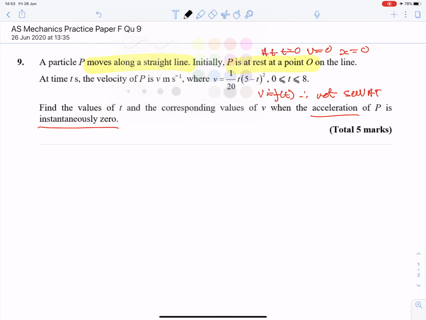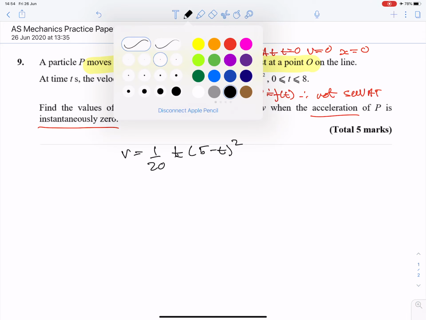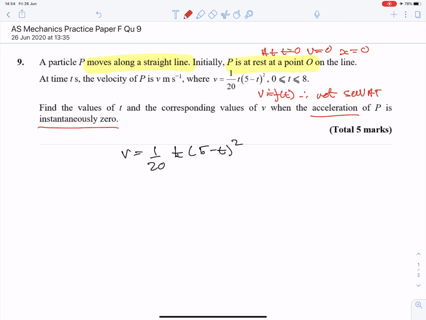So at the moment we've got v is equal to 1 over 20 t times (5 minus t) all squared. If I want the acceleration, we've got displacement, velocity, acceleration.